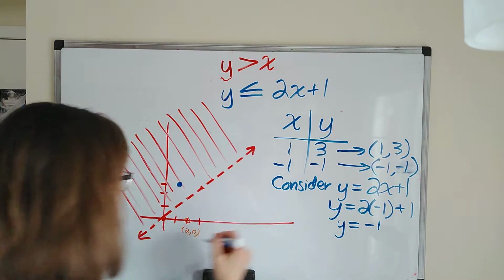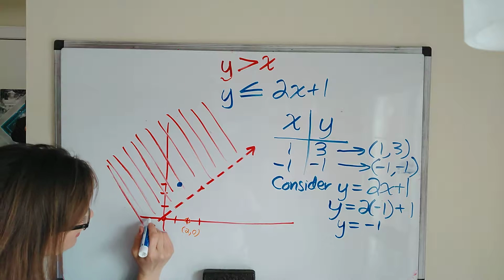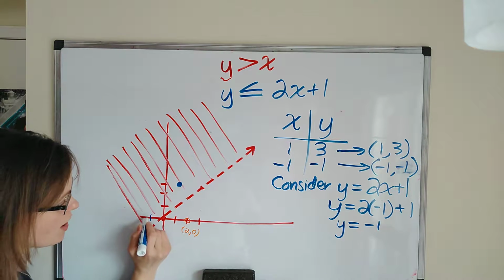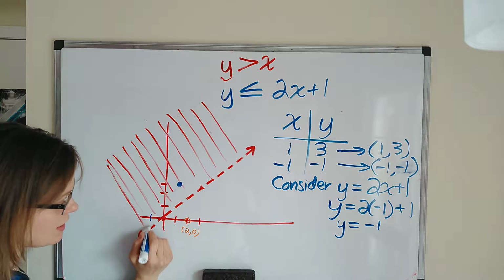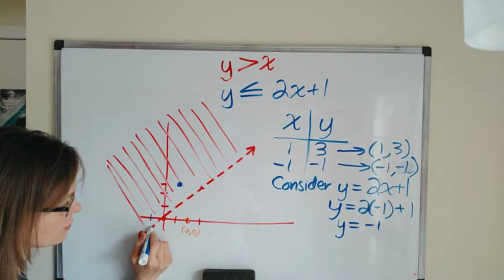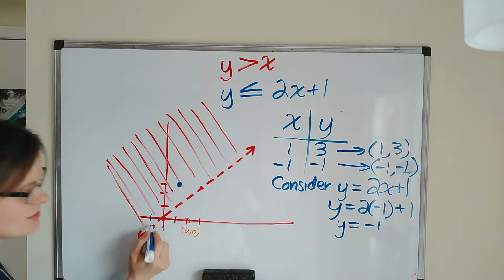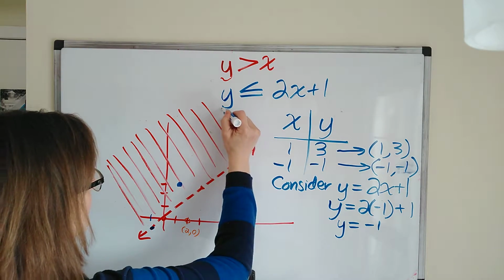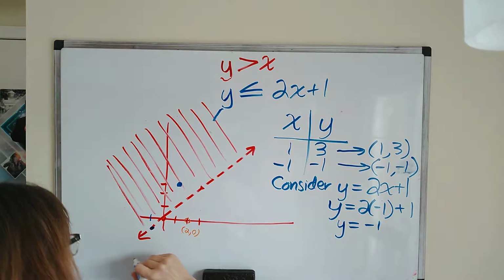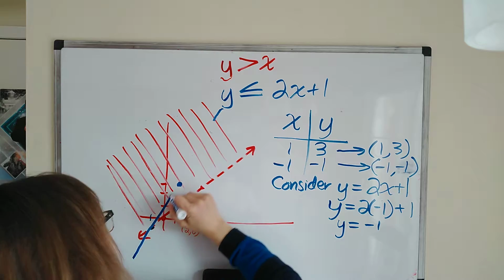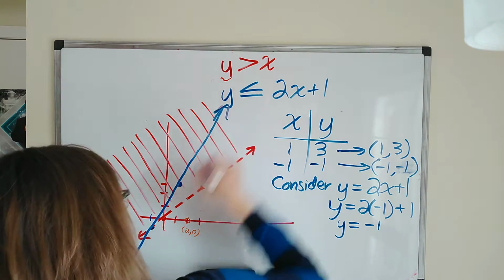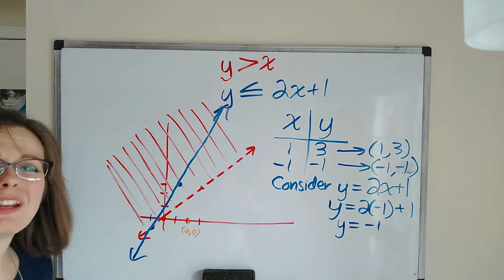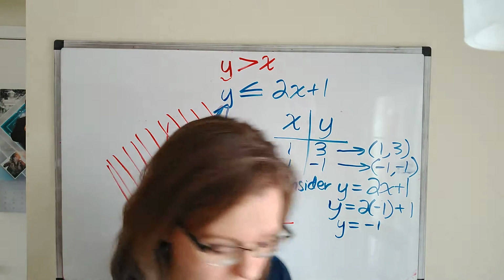Now the second point, negative 1, negative 1, I'm going to walk to the left 1 point and down 1 point. So got something like that. 2 points make a line. I'm going to try to construct a line through those 2 points there. And I'm going to have something that looks a little bit like that.